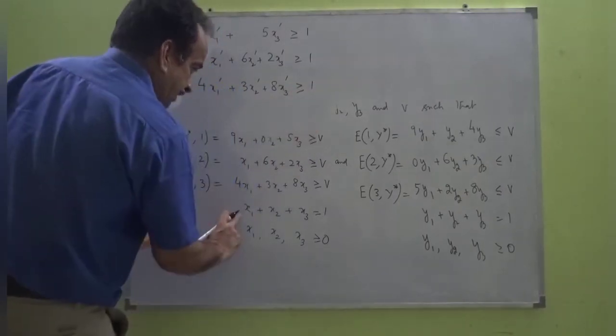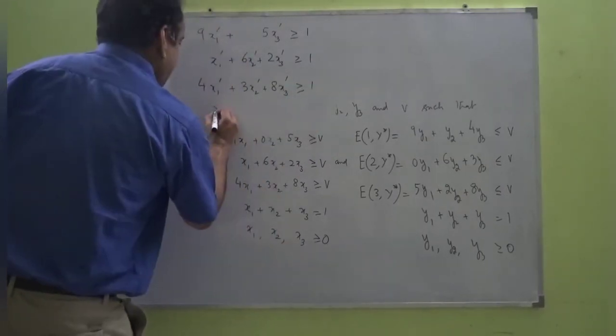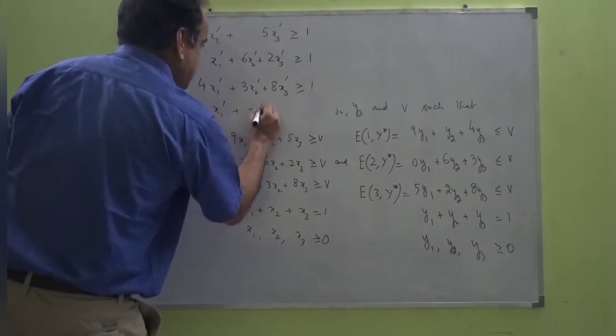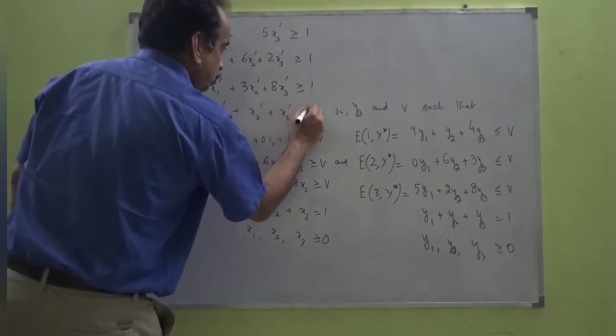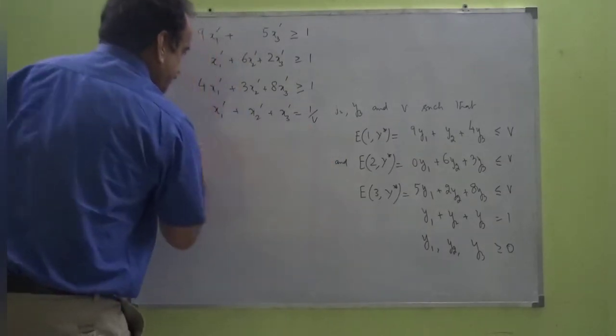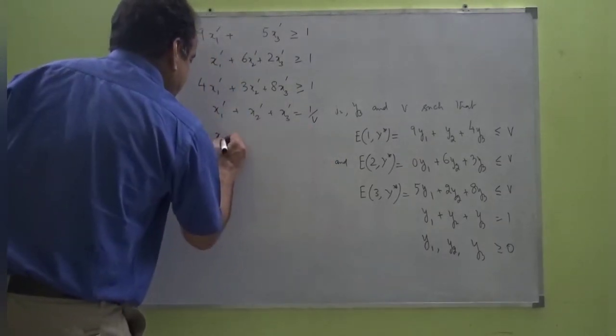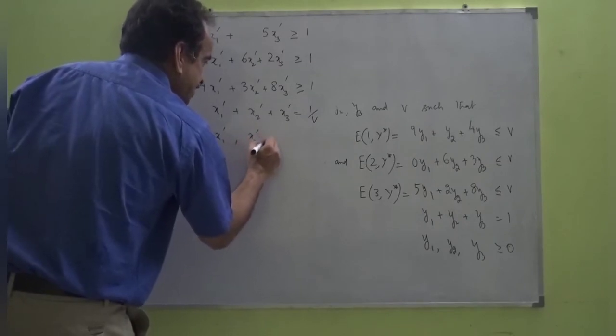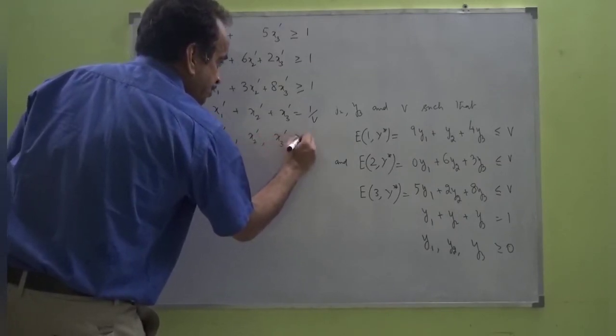And then we have x1 dash plus x2 dash plus x3 dash equal to 1 by V. And finally, with the non-negative restrictions, x1 dash, x2 dash, x3 dash are greater than or equal to 0.